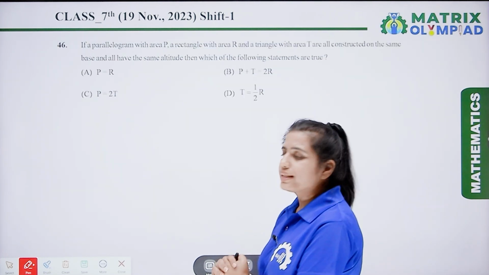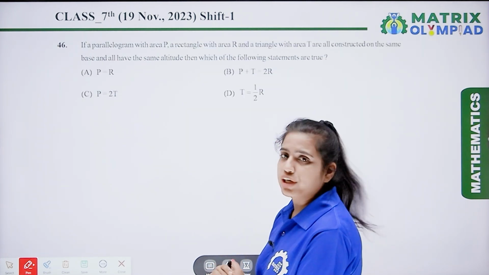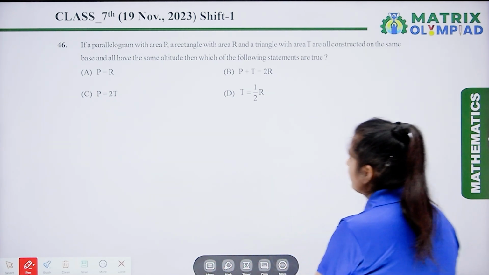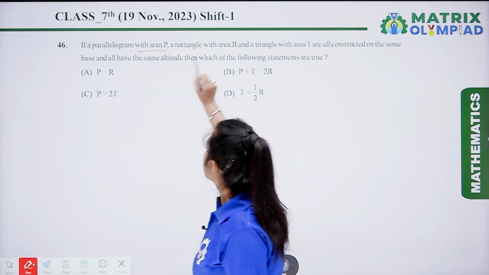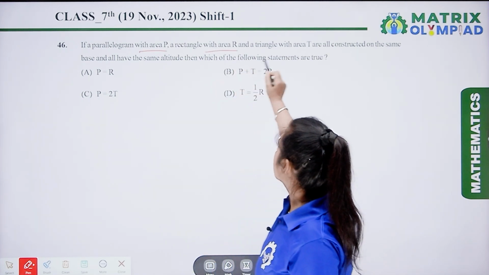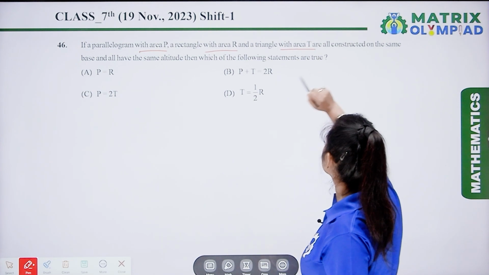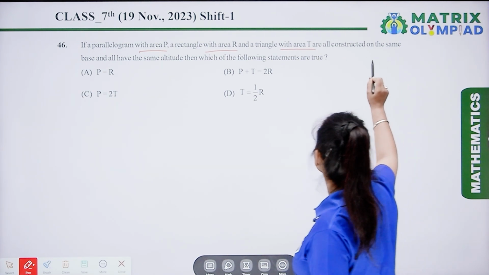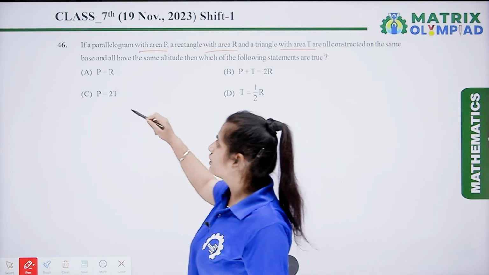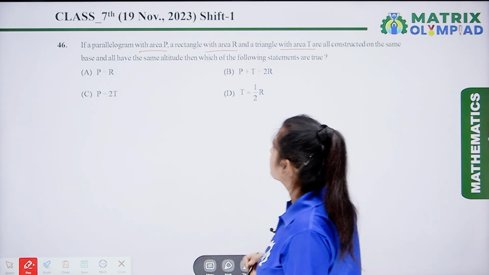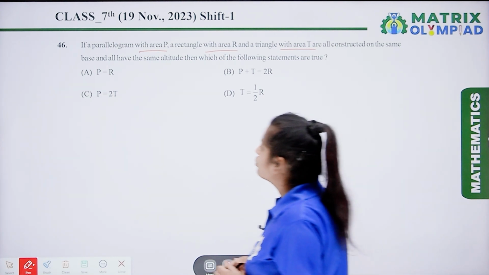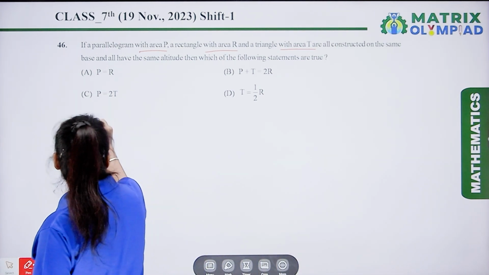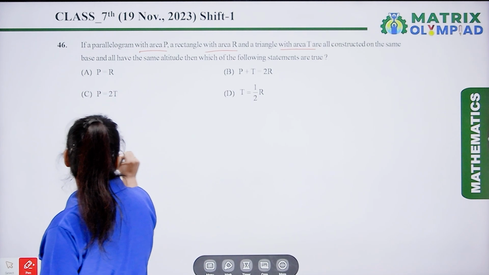Now let's start with the next question, question number 46. In this question, it is said that if a parallelogram with area P, a rectangle with area R and a triangle with area T are constructed on the same base and all have the same altitude, then which of the following statements are true? So let's draw a figure with the same base.